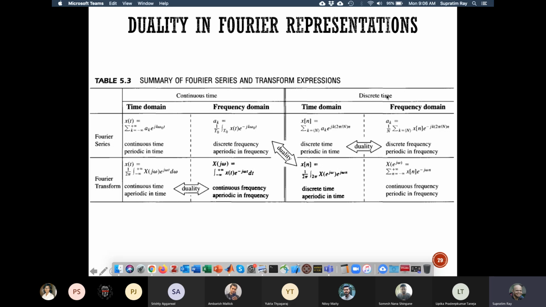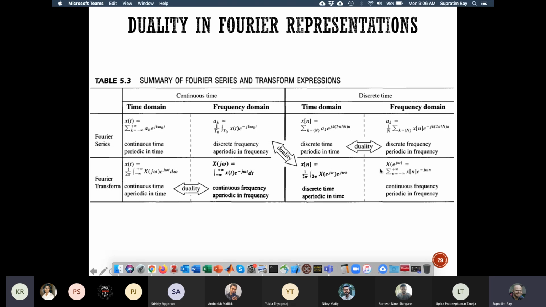So in the discrete time, you only need to worry about what's happening between minus pi and pi, or equivalently 0 and 2 pi. After that, it starts repeating. Okay, so these are the 4 classes that we had talked about in the previous few classes.